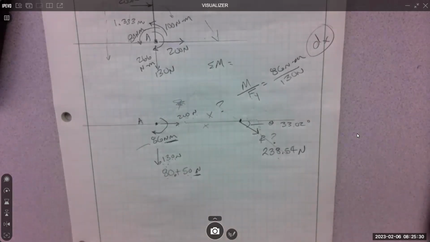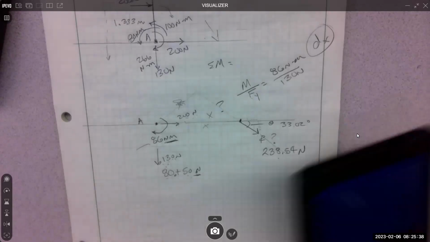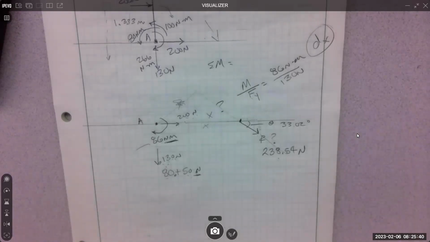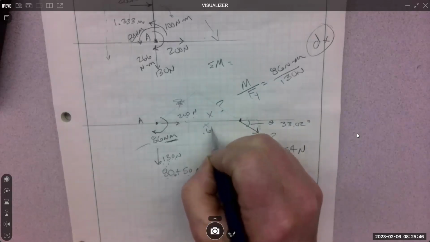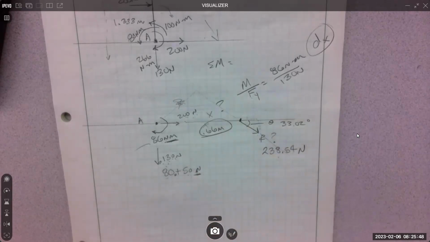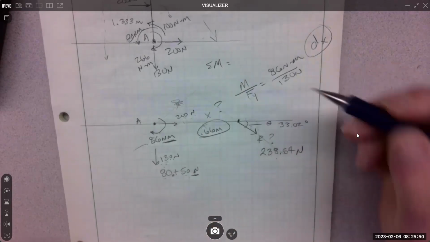So much glare, I can't see what I got here. 130 divide. I get 0.66 meters. That's where R is.